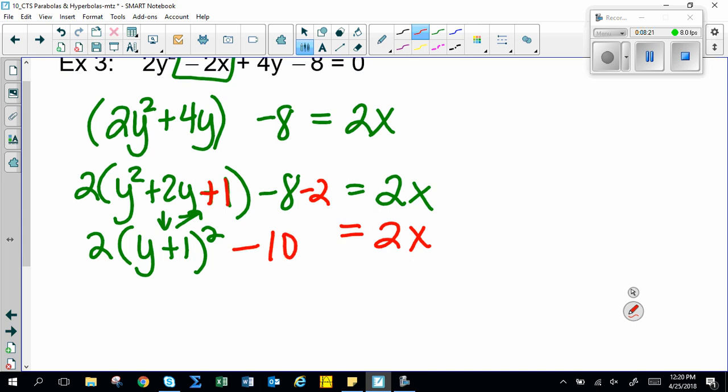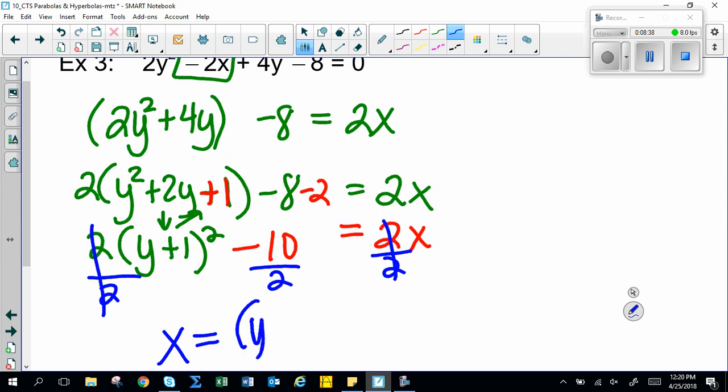Well, I'm almost done. I have 2x on the right-hand side, so I'm going to divide each term by 2. So I end up with x is equal to, these 2's cancel, and I have y plus 1 quantity squared minus 5.